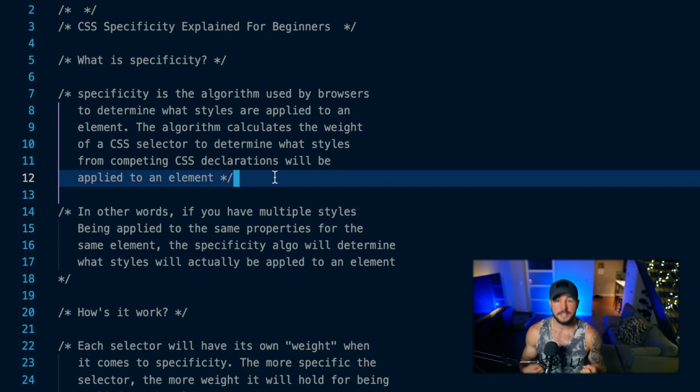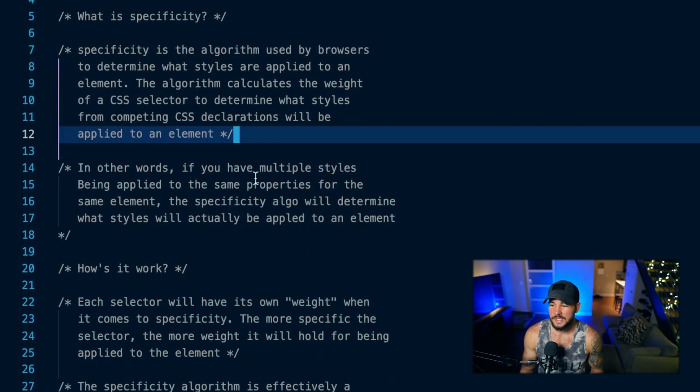Because there's kind of this collision in your CSS rules in which you're trying to apply styles to the color property of the same H1 element. So the browser needs a way to determine which competing style to actually apply to that element. And this is what the specificity algorithm is used for, to apply different weights to these selectors to determine what styles are going to be applied.